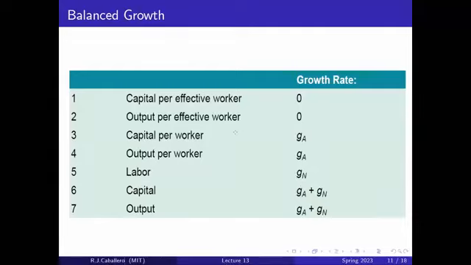Capital per worker. What about that? Well, you see there. Explain why. So claim capital per worker is growing at the rate GA. How do I know that?